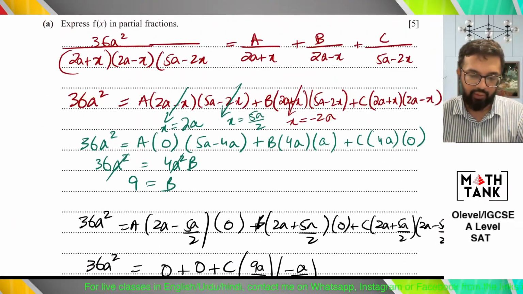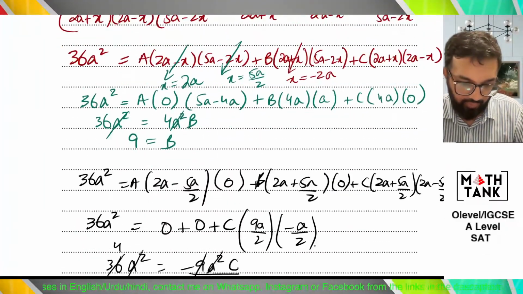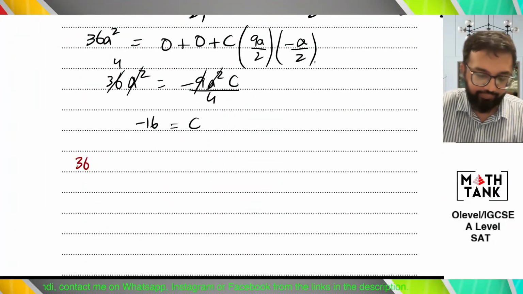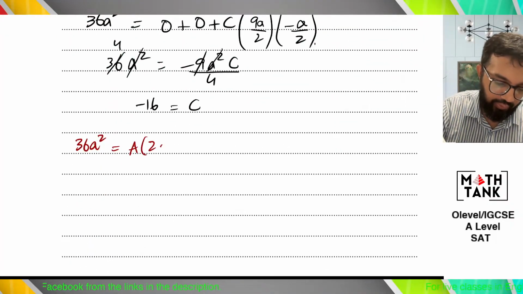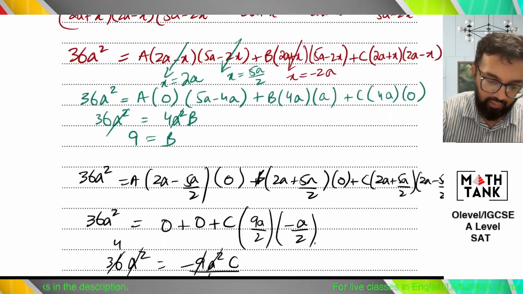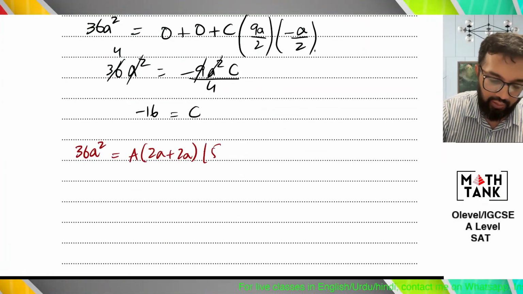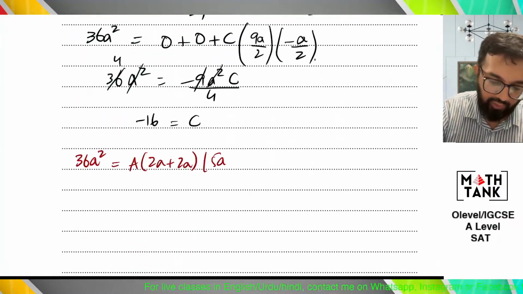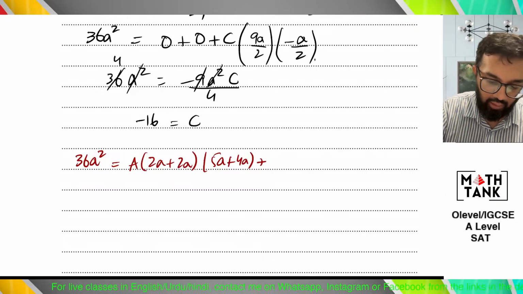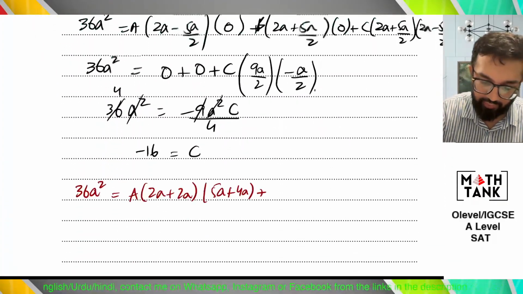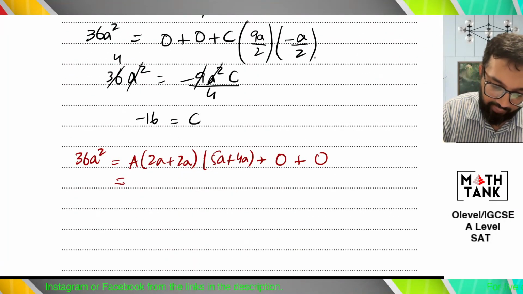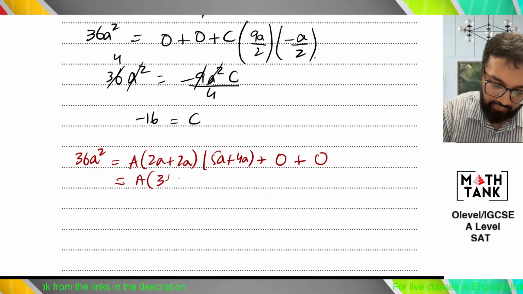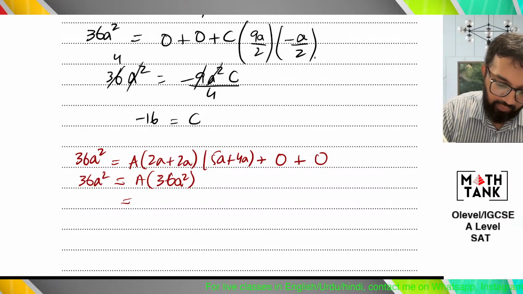Last वाला जो है वो 36a square equals to minus 2 है ना, x equals to minus 2 है, तो 2a plus 2a हो जाएगा, 5a plus 4a हो जाएगा, और ये वाला जो है वो 0 हो जाएगा, मैं इसको लिख नहीं रहा, और अगला वाला भी 0 हो जाएगा, तो 9 into 4 36a square बन जाएंगे. A is going to be equals to 1.